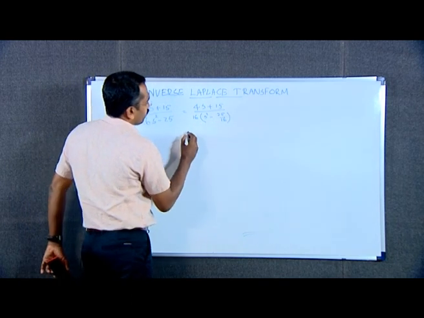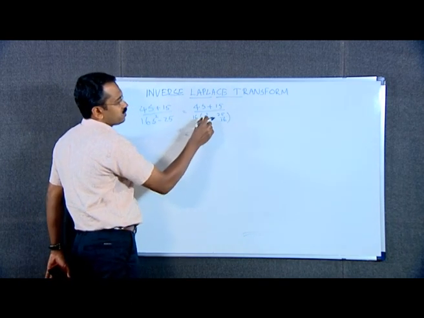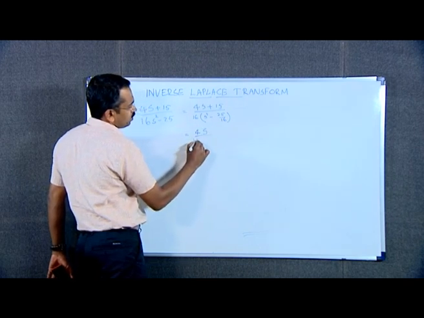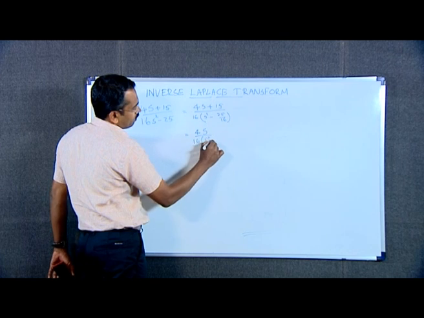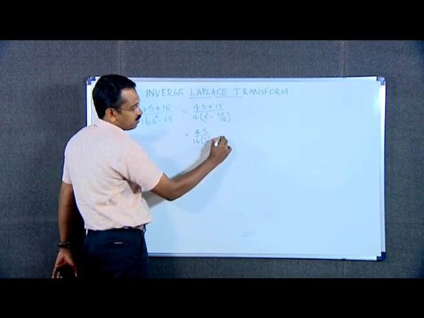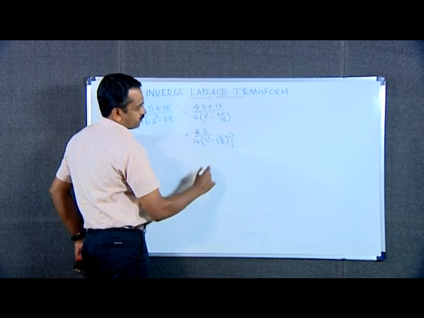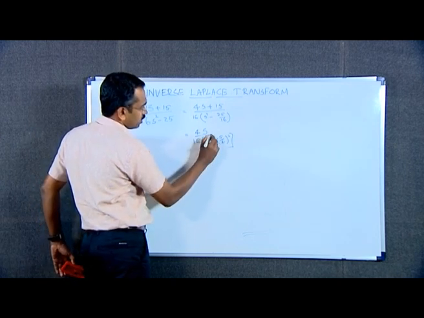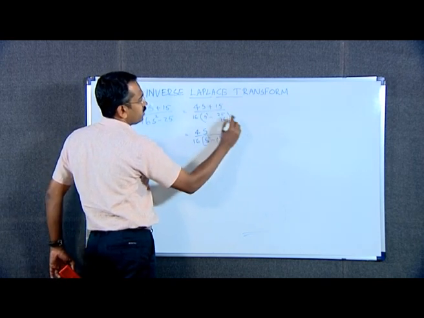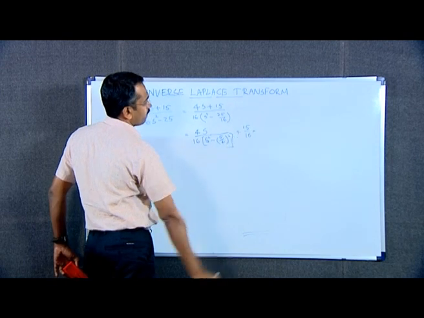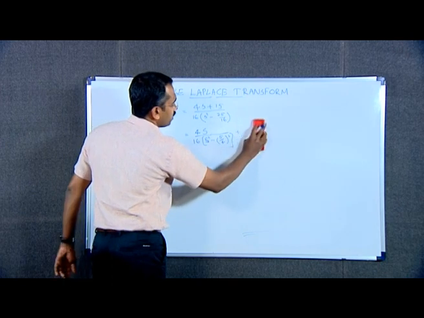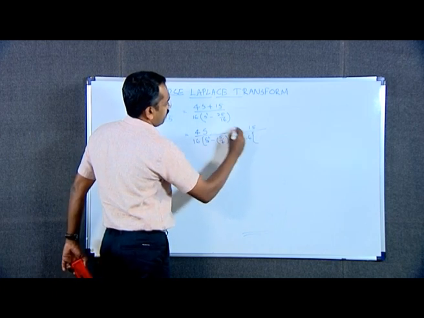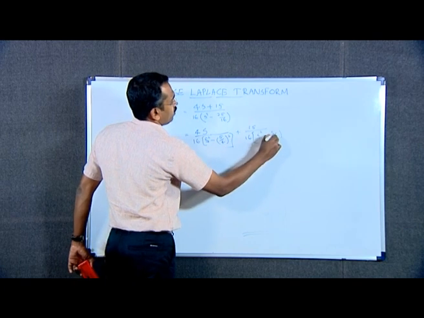Therefore, we have to make the coefficient of s square 1. This is equal to, now we split into two terms, 4s divided by 16 into s square minus, here 25 by 16 means 5 by 4 square, 16 into s square minus 5 by 4 square in the denominator, plus here 15 by 16 into s square minus 5 by 4 the whole square.